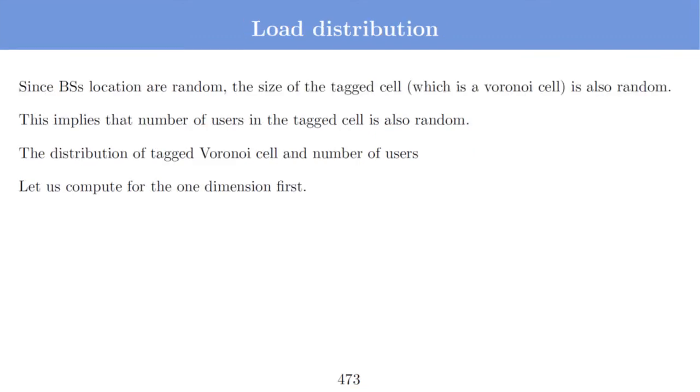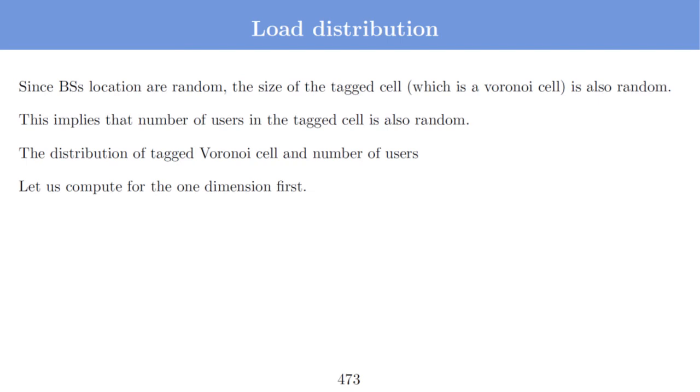First, we have to characterize the number of users which are connected to this tagged cell. One thing to notice is that it is also a random variable. Why? Because the base station locations are random, so each cell of a base station will also be random. It will have some distribution, and in that area the number of users is also random, because the users come from a point process itself.